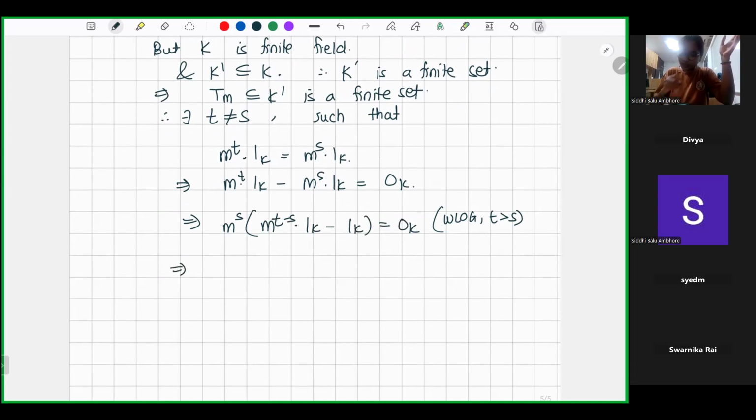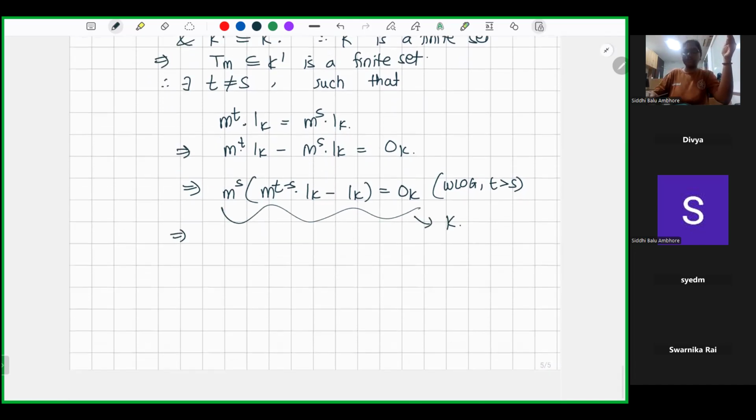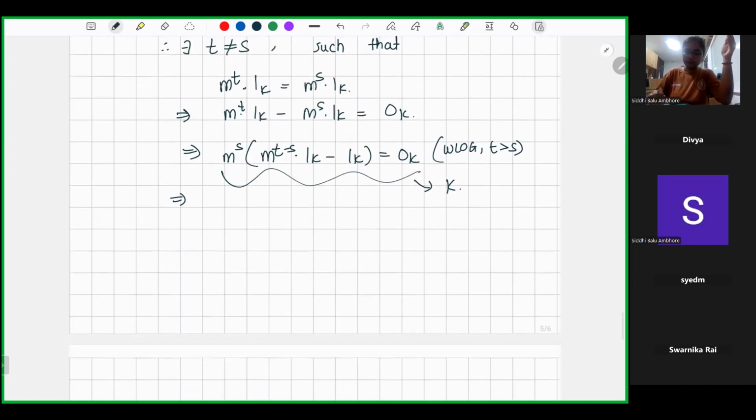Note that since we are in a field, we can look at this as multiplication in K, and since m is non-zero, this m power s must be, so what does this imply? This is 0k or m power t minus s into 1k minus 1k will be 0, right?